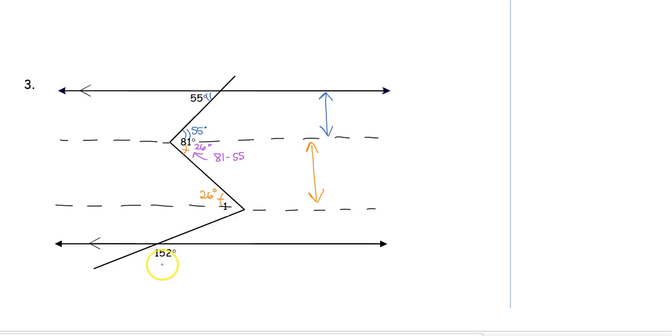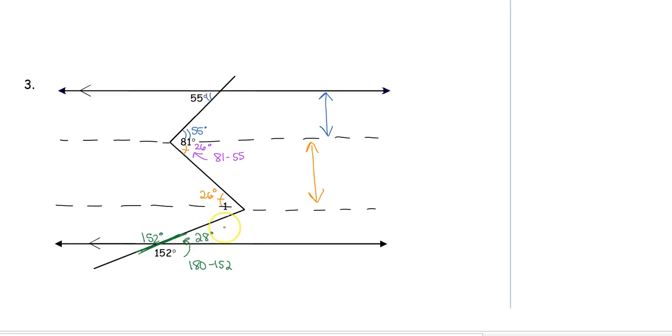So now we're going to work from the other direction. I can see that this is 152, so I can use that vertical angle congruent relationship to hop over that line. Or I could use this linear relationship and do 180 minus 152. It all depends on how comfortable you are with your pieces, it doesn't matter.